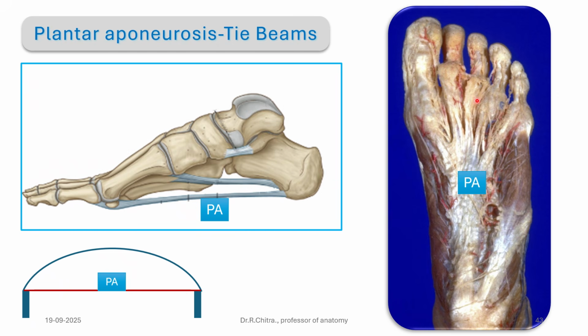Similarly, the anterior and posterior pillars of the longitudinal arches are tied together by the plantar aponeurosis. The medial part of the plantar aponeurosis is for the medial arch, and the lateral part is for the lateral arch. This is the main support, mainly in standing.